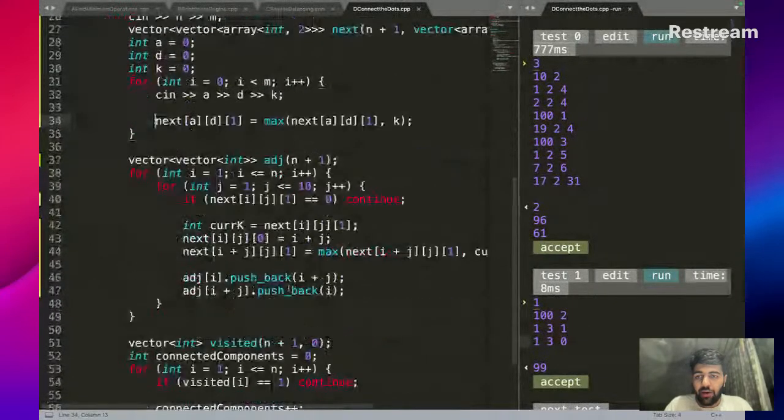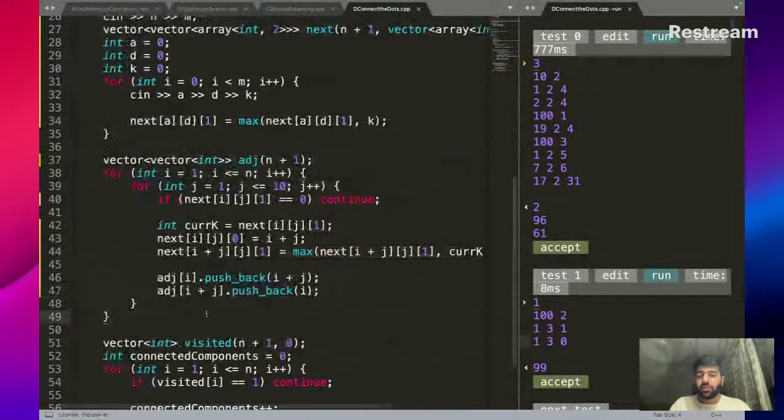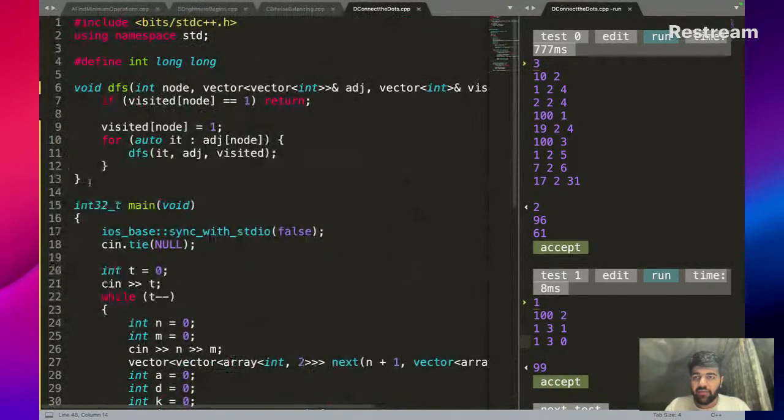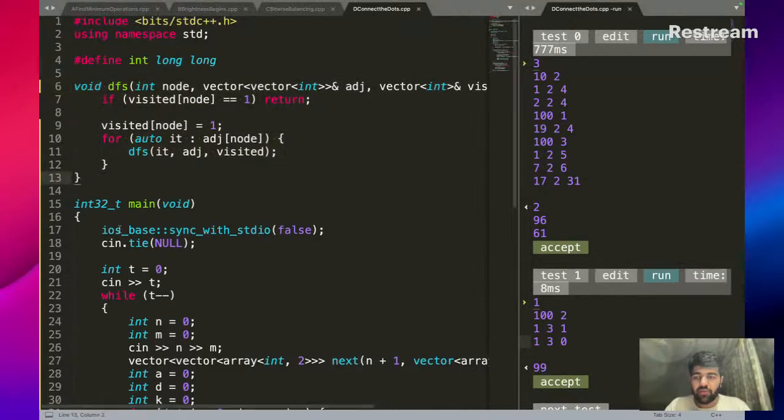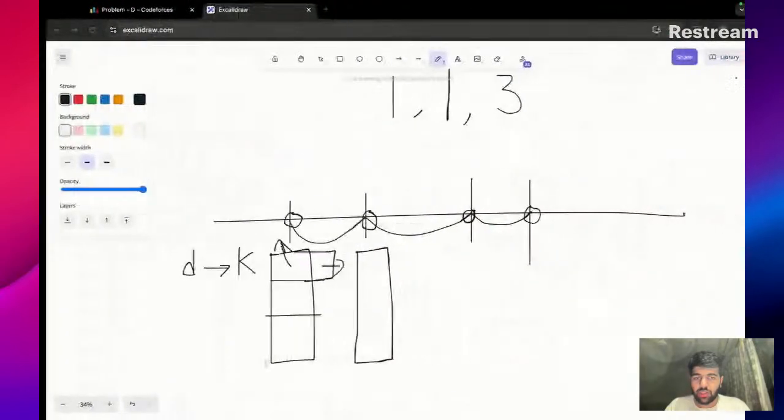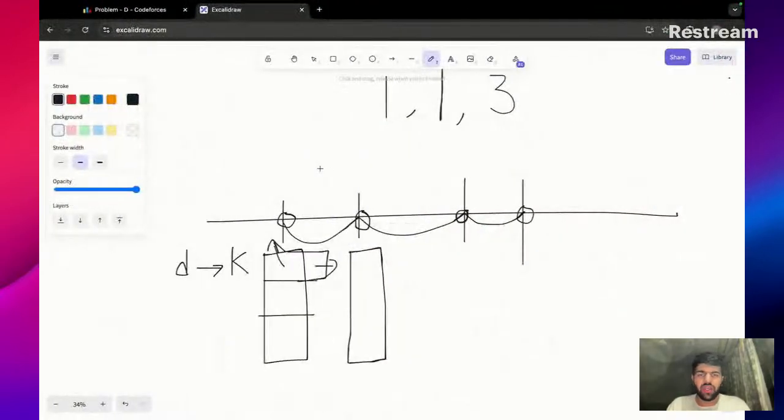And now I'm making the adjacency list. So if I can make an edge from i through i plus 1, then we just push back both i and i plus 1 into our adjacency list, and then we just run a simple DFS to check the number of connected components. So that's how you solve D.